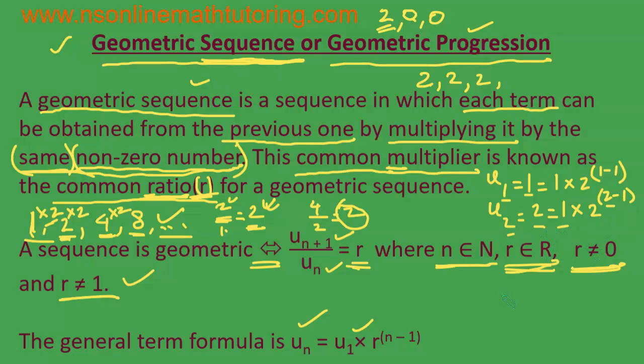Similarly, what is u3? u3 is equal to 4. So this should be equal to 1 times 2 to the power of 3 minus 1.